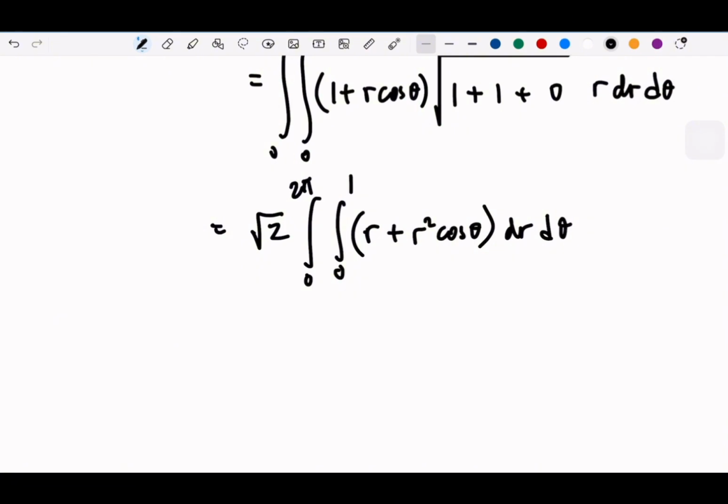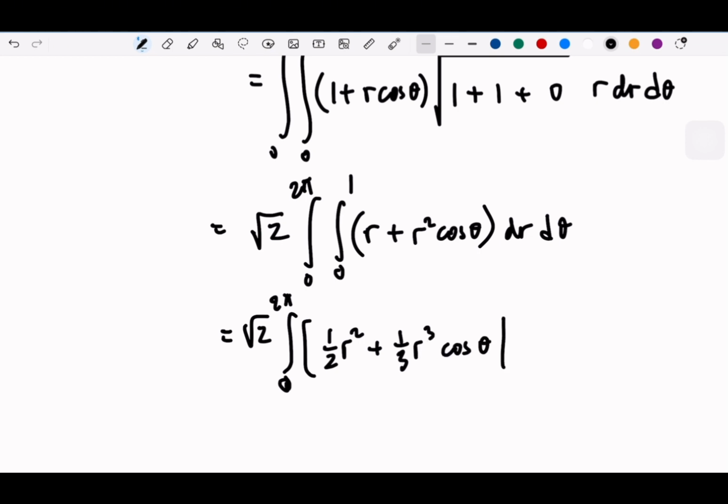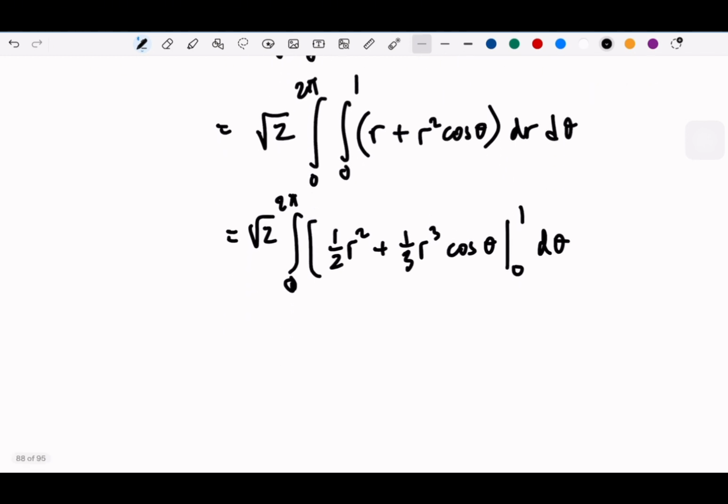So take the integration with respect to r. This will be half r squared plus 1 over 3 r cubed. And then take the 1 to 0. So this will be half plus 1 over 3 cosine theta, and then d theta.